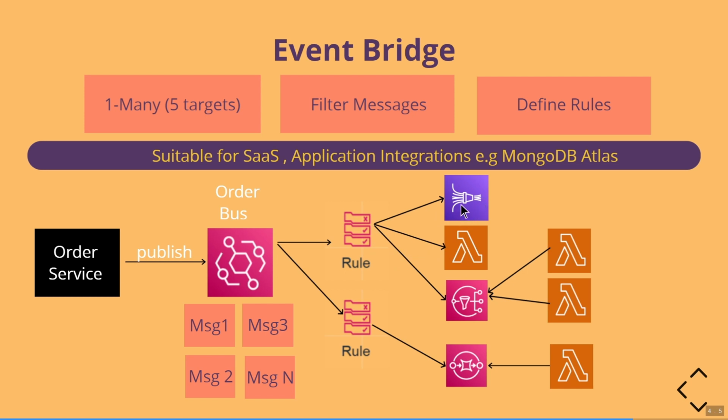Like for example, here we see that this rule is sending those messages to Kinesis Firehose, Lambda, SNS, and for that SNS then we have multiple subscribers or consumers. Similarly, the second rule sends the message based on the correct evaluation. It will send it to the SQS, which is then consumed by the consumer, that is Lambda in this case.